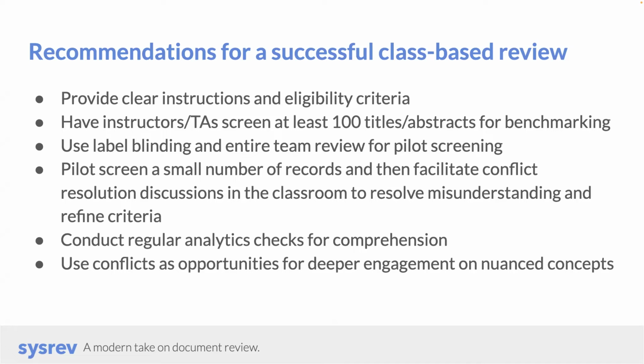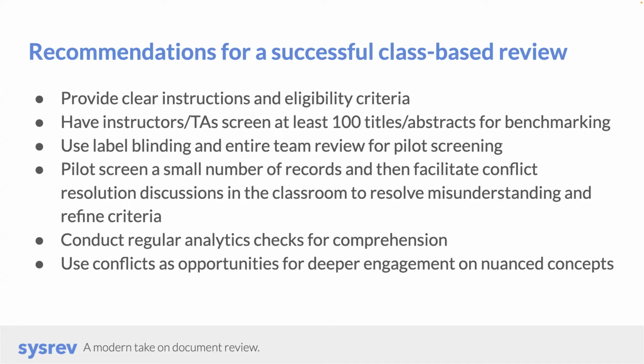Also, I mentioned recommending that instructors or TAs do some screening, to create a benchmark set of articles that you can easily use to compare to student screening. Again, this will be a nice tool to identify areas where there might be misunderstanding. Using label blinding and even entire team review, which we talked about for the pilot screening, gives you a chance to have everyone looking at the same set of articles that you can then come back into the classroom and discuss.